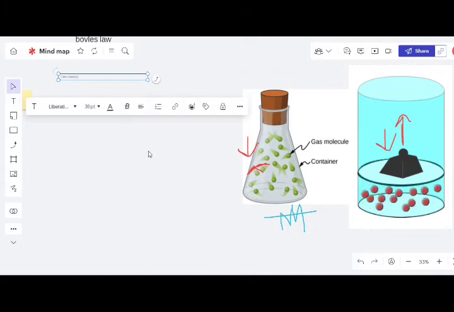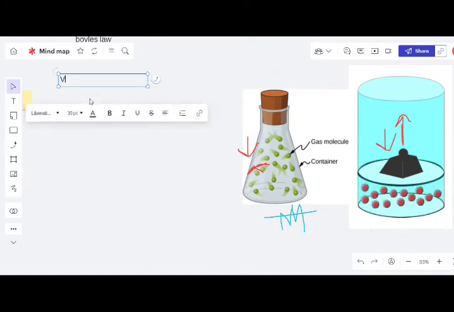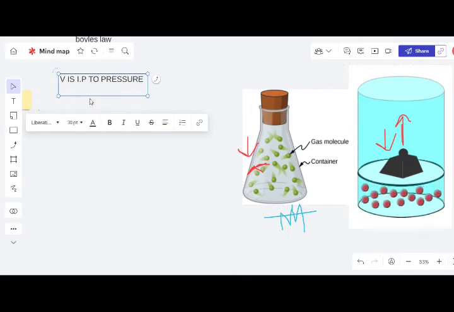Before drawing the graph, we have to consider certain things: volume is inversely proportional to pressure. It's a pretty confusing term, no?